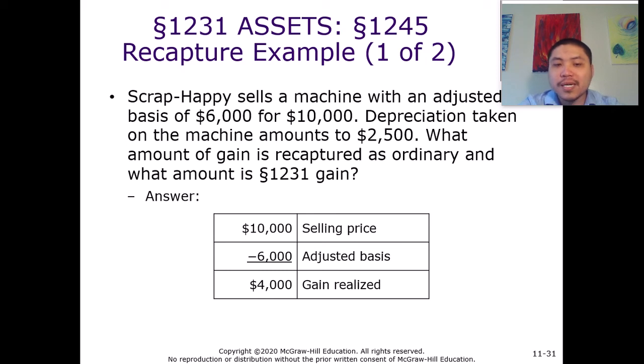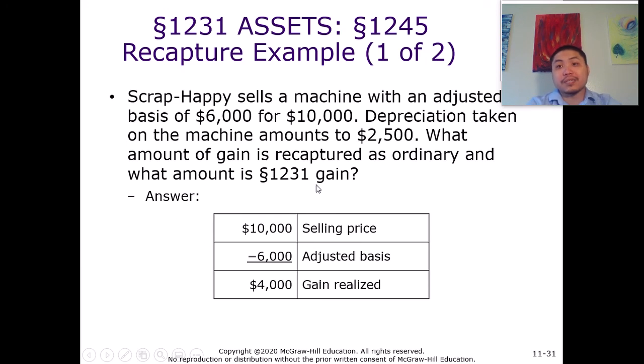Now you can see this $4,000 compared to the accumulated depreciation of $2,500 is bigger, right? So $2,500 of the $4,000 is going to be treated as ordinary income, and then $1,500 from this $4,000 is going to be treated as Section 1231 gain.